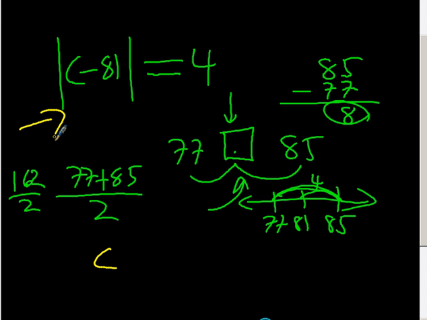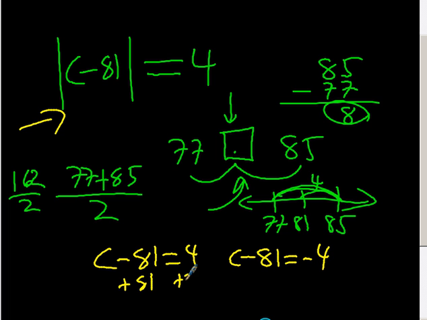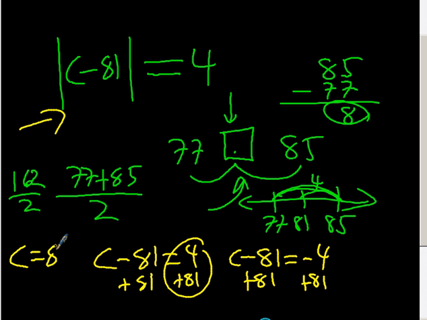I've got C minus 81 equals 4 and C minus 81 equals negative 4. So I'm just going to add 81. Okay, so 81 and 4 is 85, and 81 and negative 4 is 77.